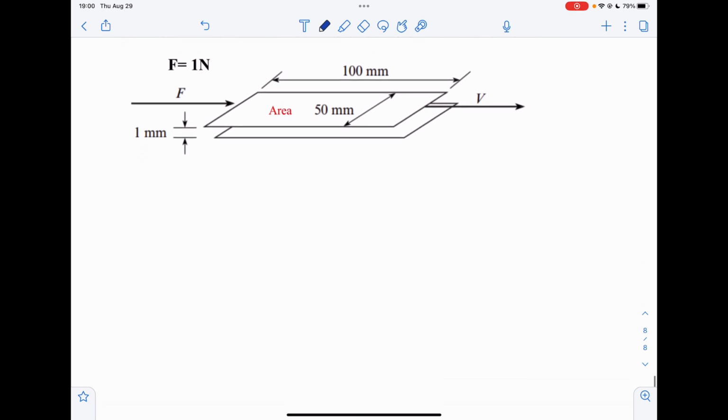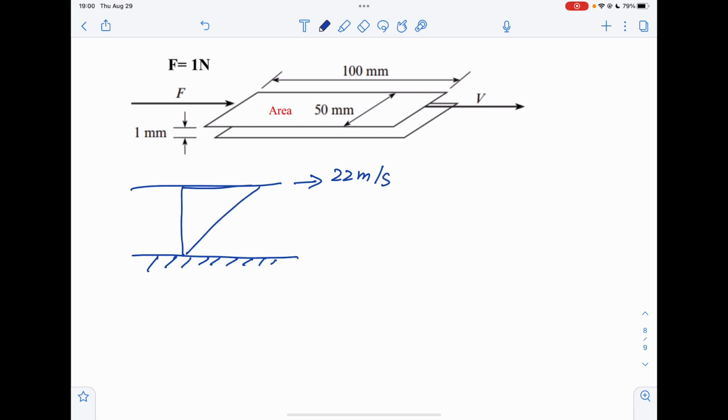So for the linear velocity distribution assumption, the top plate is moving at 22 meters per second, and we have another plate which is fixed. Because of the linear distribution, we can assume the velocity distribution looks like this. We have velocity equals 0 here.